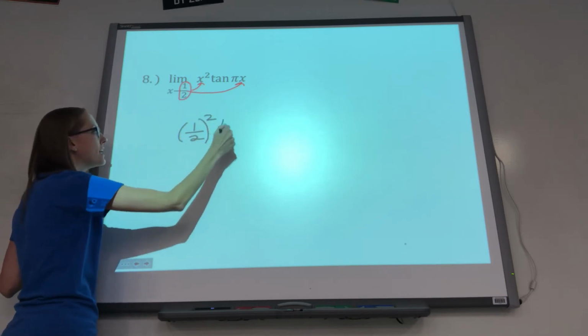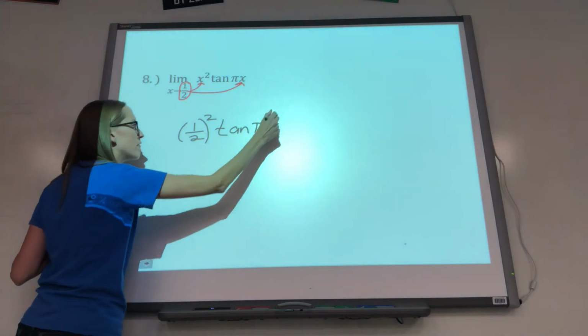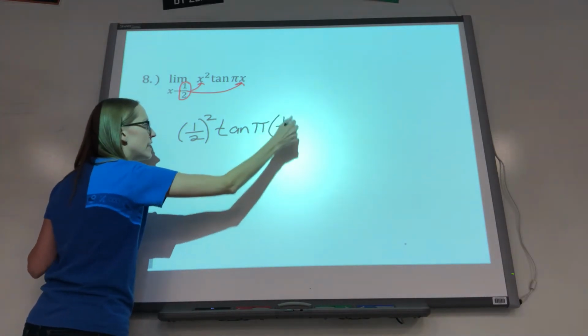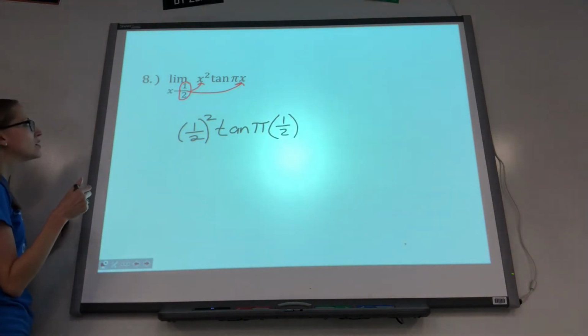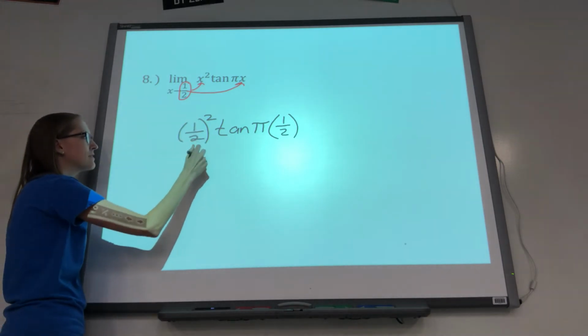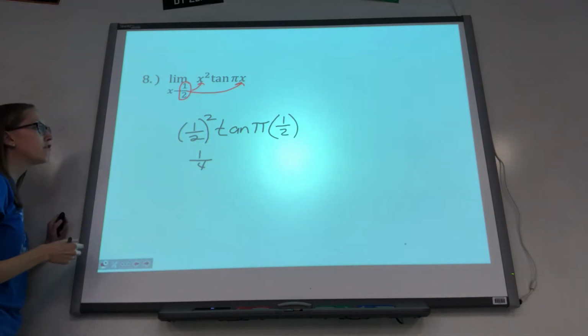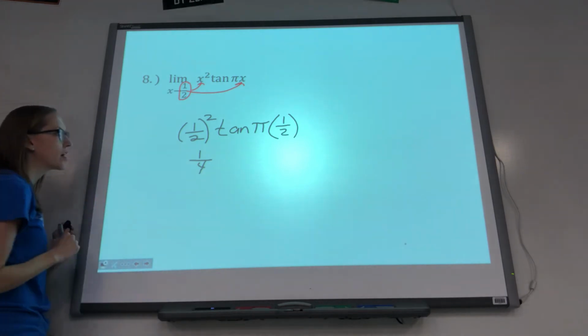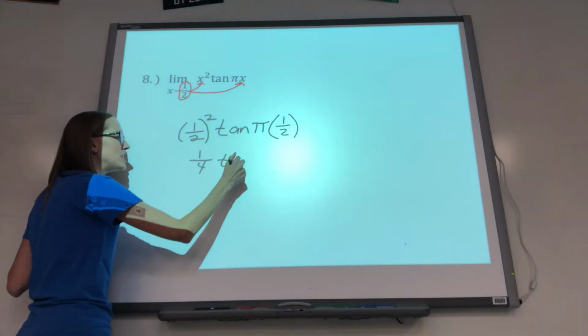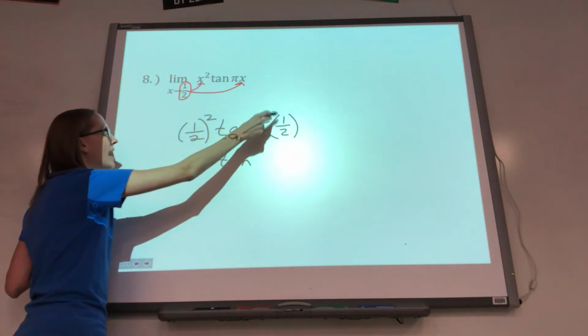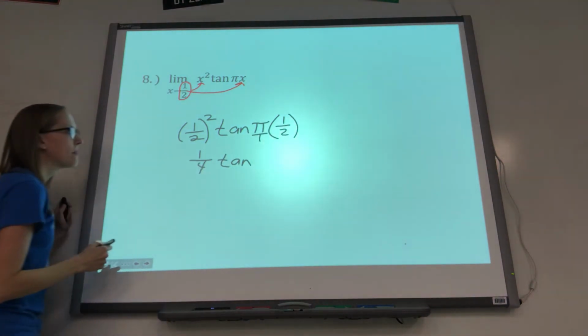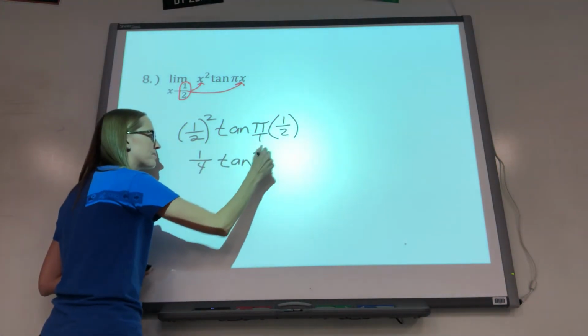If I plug in the 1/2, here is what it kind of starts out looking like. 1/2 squared would be 1/4. Square the 1, square the 2. When you take pi times 1/2, you can think of the pi over 1.